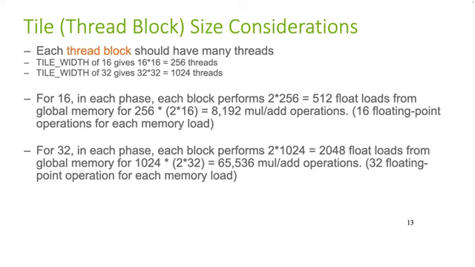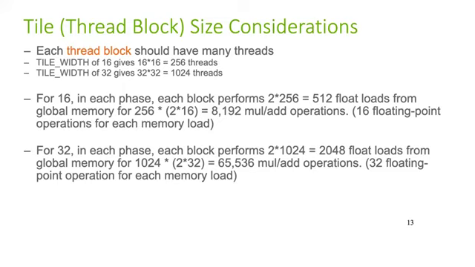If your tile width is 16, each thread block is going to have 256 threads, 16 cross 16. If your tile width is 32, there's a square factor here because there's an X and a Y dimension, so you're going to have 1024 threads in each thread block. This perverse tension between making it bigger to make it go faster versus screwing up how many threads I have is evident from this thought experiment.